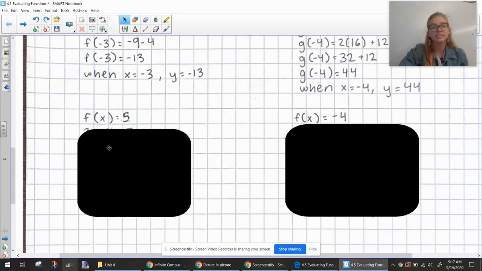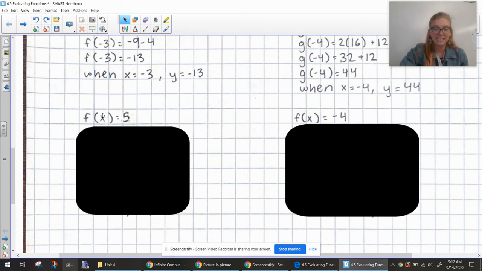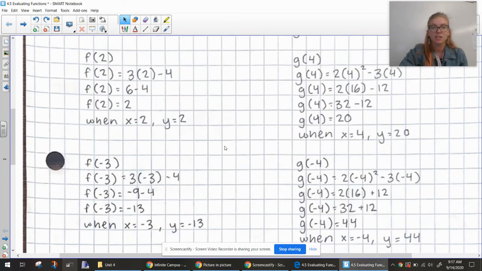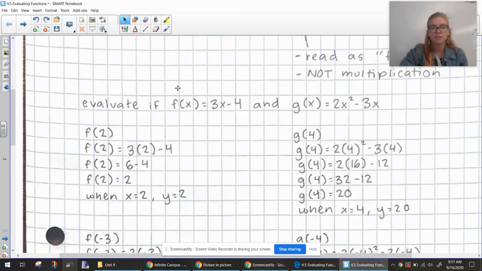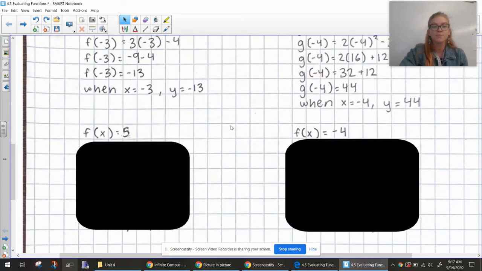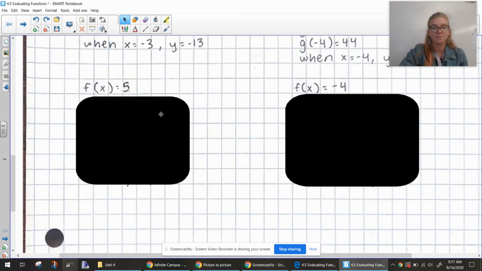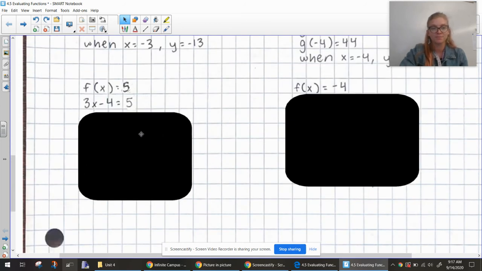My last two examples are a little bit different, and so I really want to make sure that we understand how these two examples work. So here I have f of x equals 5. In these examples, I'm actually solving for x. So previously I was given x, now I'm solving for x. So I'm going to take this same function, f of x equals 3x minus 4, and I'm going to replace the whole of f of x with 5 because I'm told that f of x equals 5.